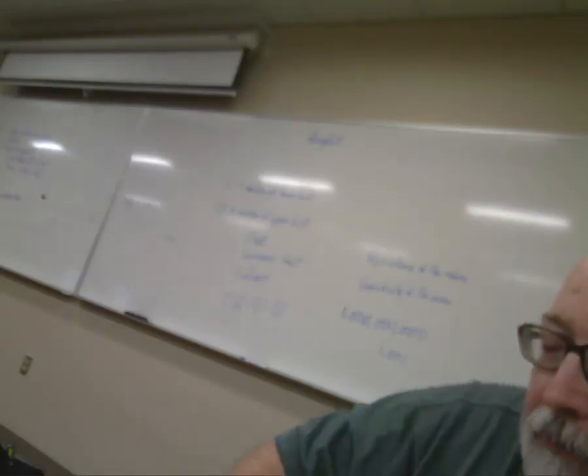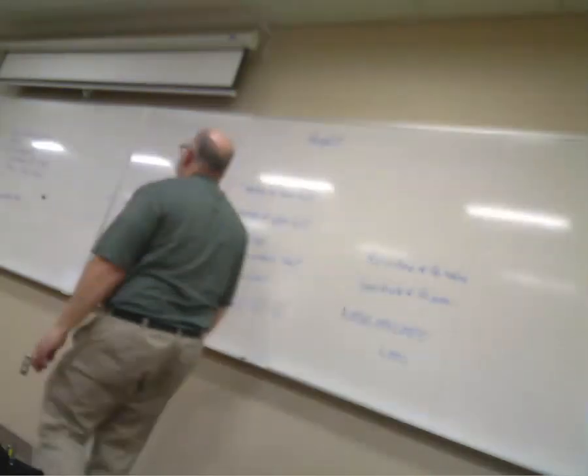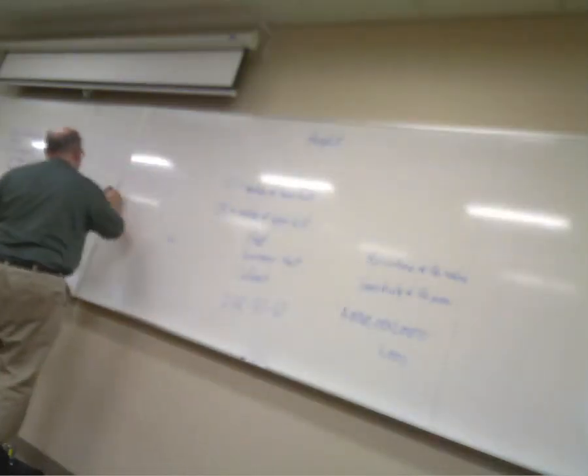Okay. But all this that we've been doing up to this point is just kind of introduction to the real thing that we want. The real thing that we want is not the center of the data.